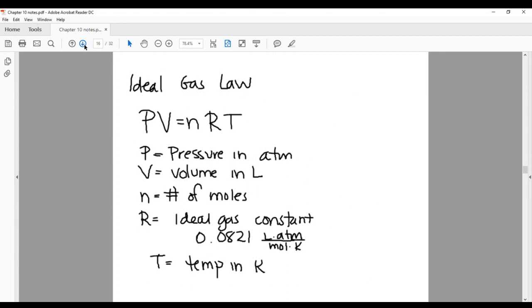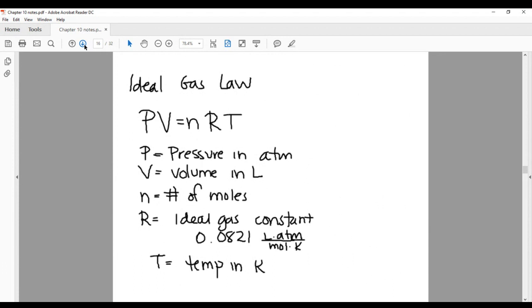Now, we can put all of these together into the ideal gas law, where pressure times volume is equal to number of moles times the ideal gas constant, R, times temperature. This time, though, we get a little more specific with our units.